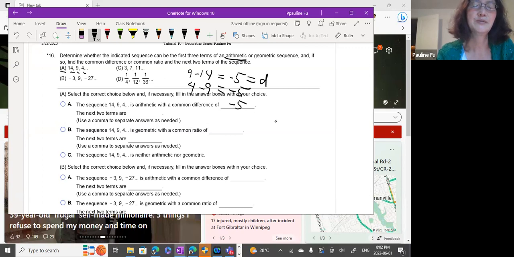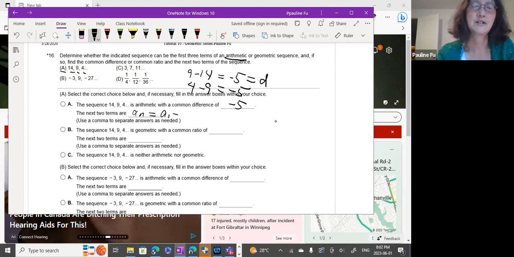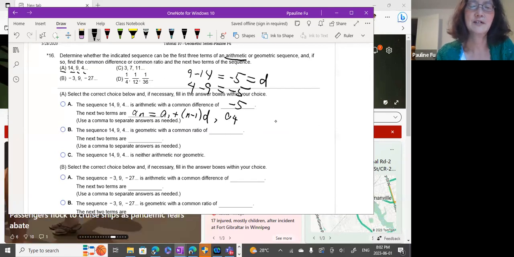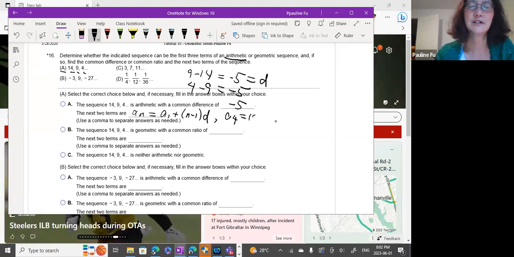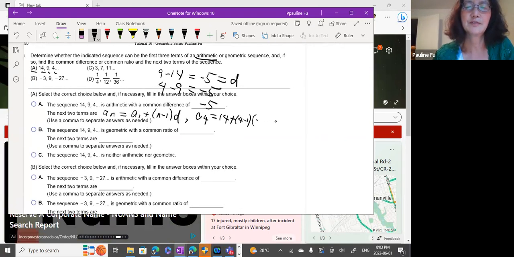The next two terms are, generally, the formula: a_n equals a_1 plus (n minus 1)d. We are asked to find a_4 and a_5. So a_4 equals a_1, a_1 is 14, n is 4, so 4 minus 1 times d, d is -5.